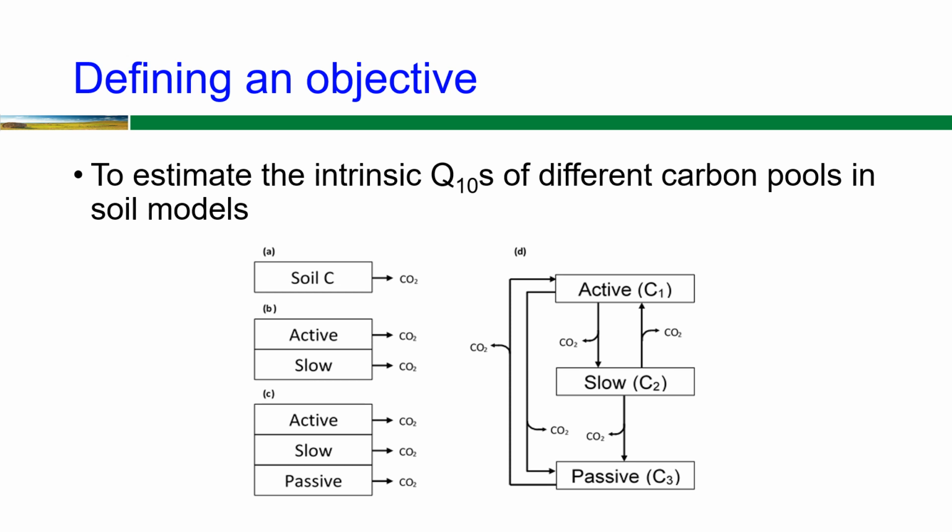First, defining an objective. Here, we want to estimate the intrinsic temperature sensitivities, or Q10s, of different carbon pools in soil carbon models.